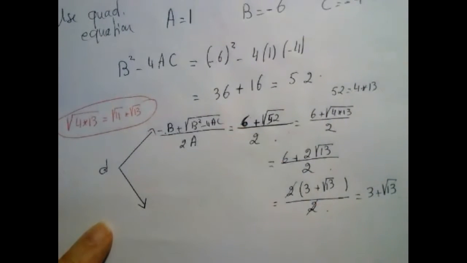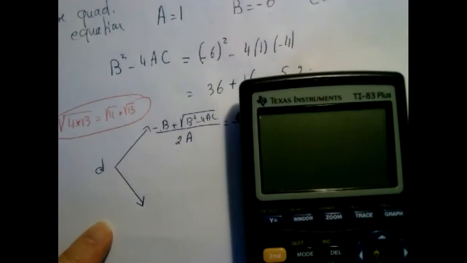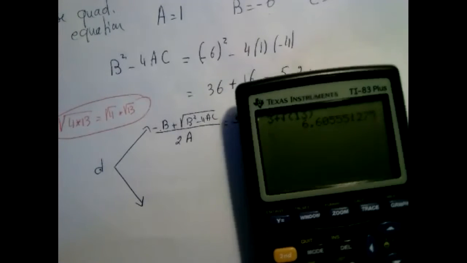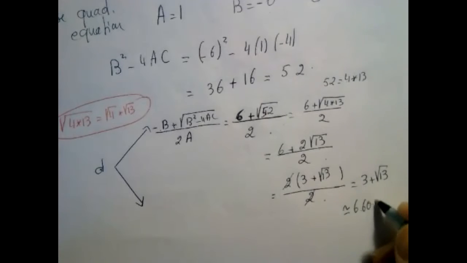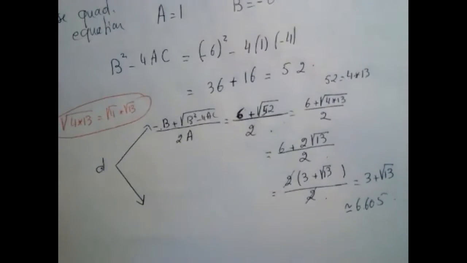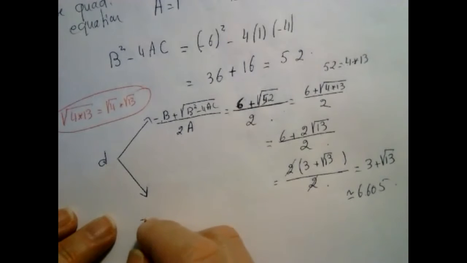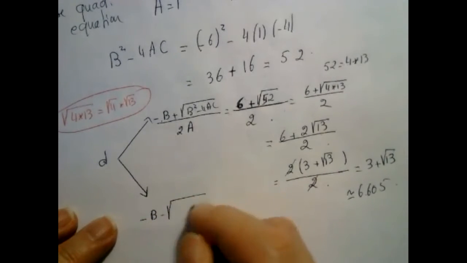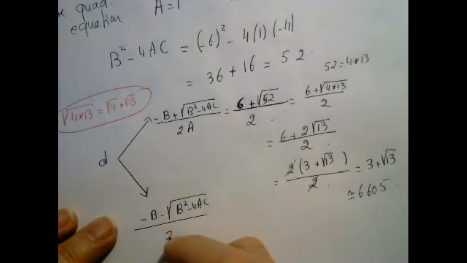Now, if I use my calculator just to have a picture in my mind of what this is going to be, it is 3 plus the square root of 13, so this is almost 6.605. Okay, so that will be one value. The other value is minus b minus the square root over 2a.